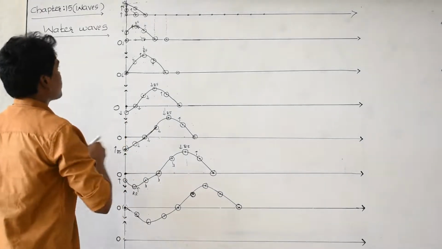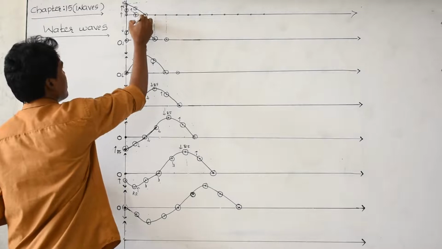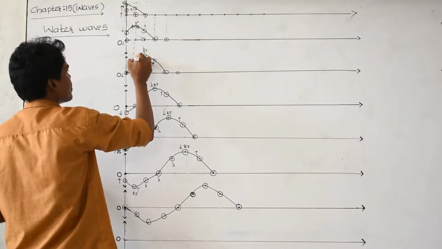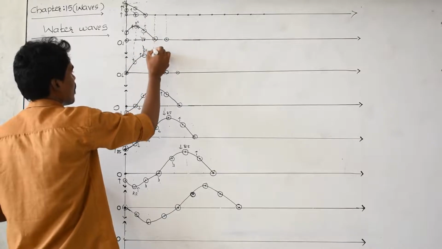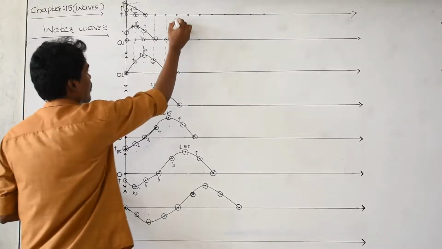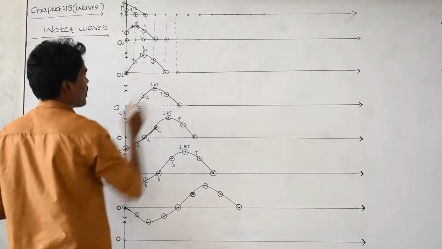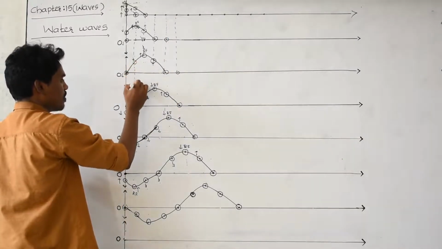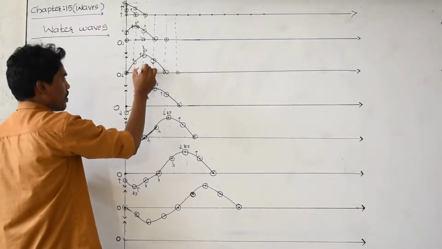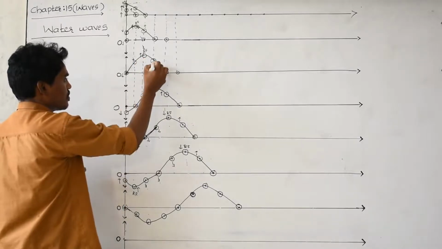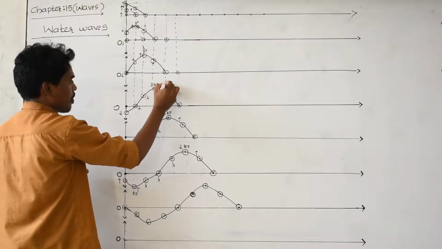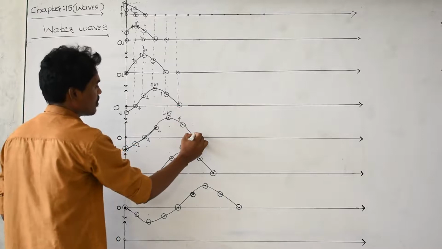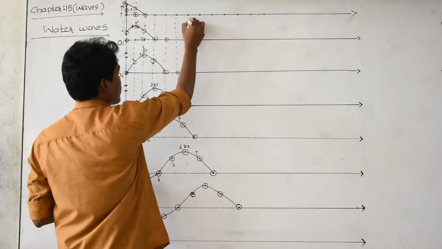This particle is here, let us see how I am indicating this one. Where is this one? This is here, yes, and next its position is here, and where is this particle? This particle is nothing but this one.